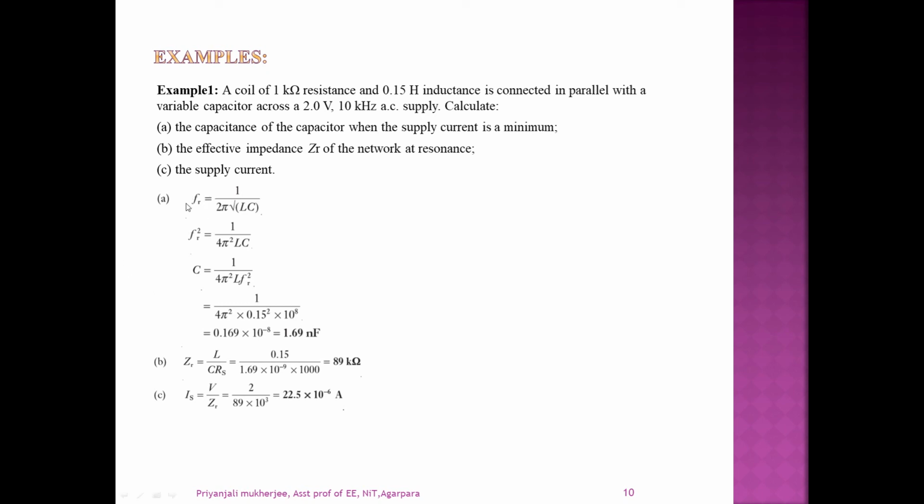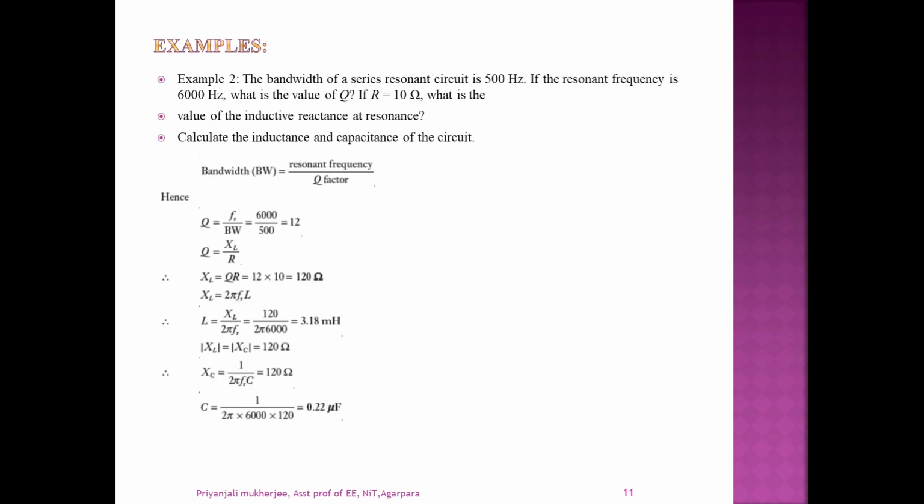So using the formula F equal to 1 by 2 pi into root over of LC, we can find out the capacitance C, and that becomes 1.69 nanofarad. And for the impedance Z, that is equal to L by R into C. So by calculating here, that becomes 89 kilo ohm, whereas for the current I equal to V divided by Z, we can find out the current 22.5 into 10 to the power 6 ampere.